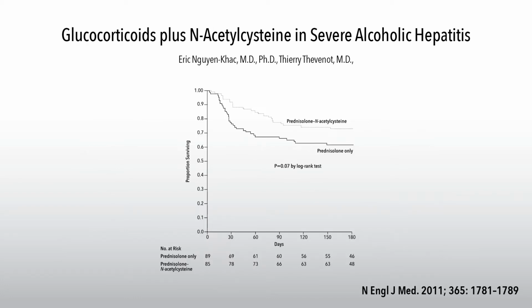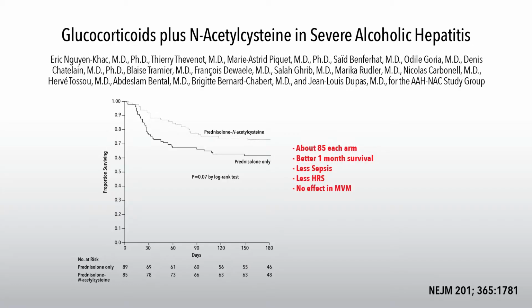What about glucocorticoids plus NAC? This was published from a French group in severe alcoholic hepatitis. There was a trend towards N-acetylcysteine improving survival, but it did not reach statistical significance. So I think this is back to the art of managing these patients. The data does not support NAC specifically as an add-on to glucocorticoids.